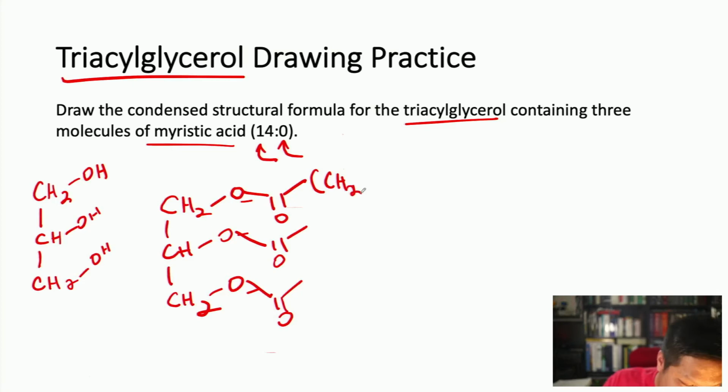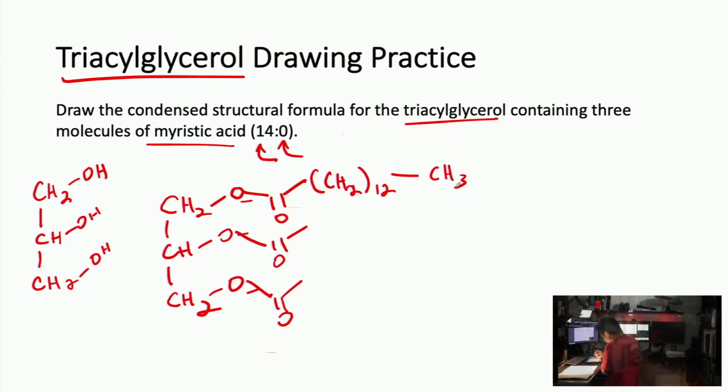Put CH2 because there's going to be a bunch of CH2s. And to be exact, there will be 12, plus 1 more methyl group. Now we see 14 carbons. 1 there, 12 here, and 1 there. Makes 14 carbons, right? And do that for the rest of them.